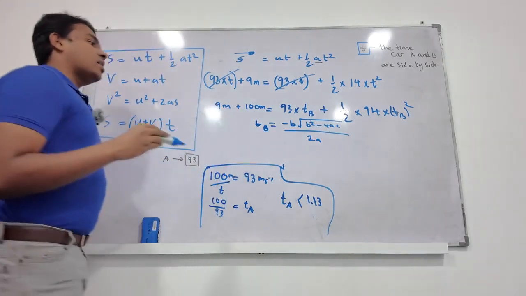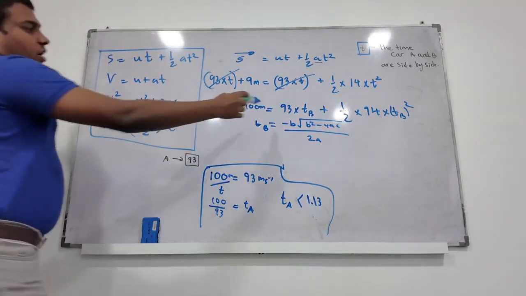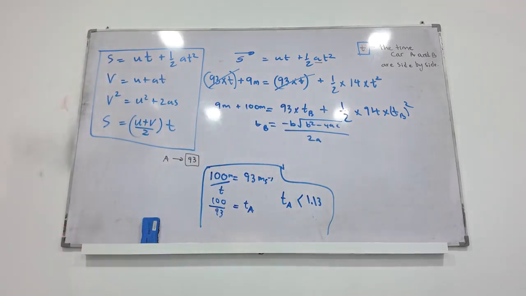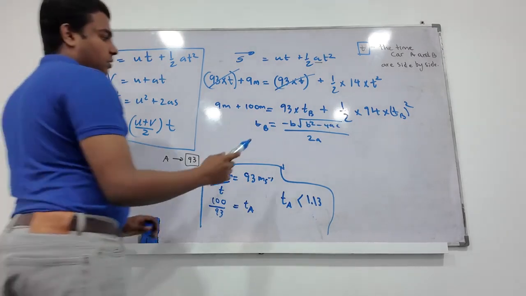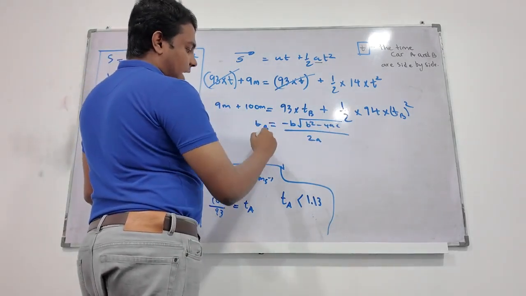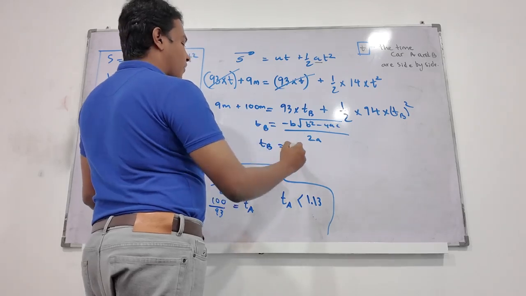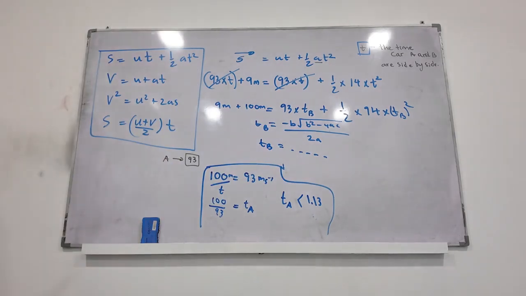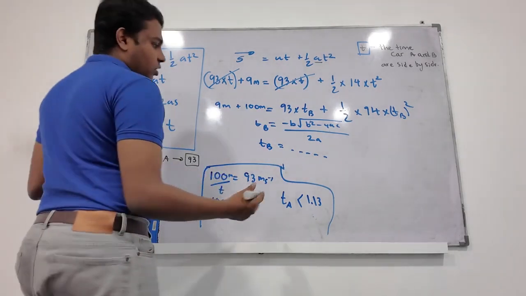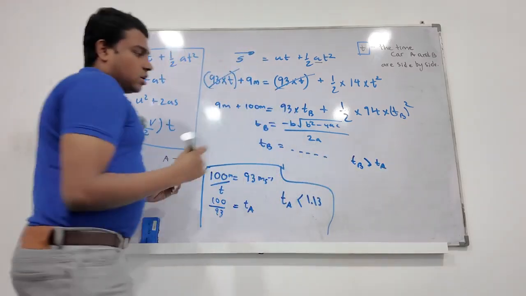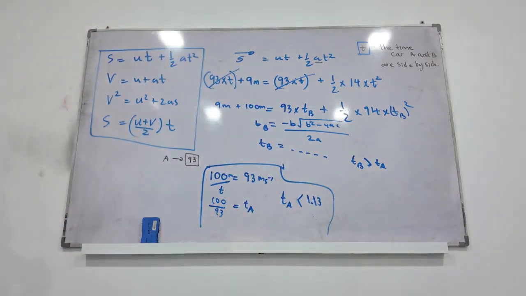By making this equation in the form AX squared plus BX plus C, you can get what is TB, and you will get a value. After you get the value for TB, it shows how much time is taken for car B to pass the finish line. If we can show that TB is greater than TA, then still we can say this is correct. Is it clear?